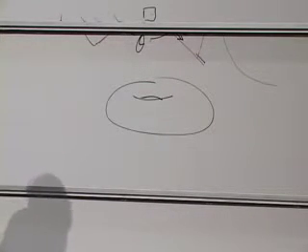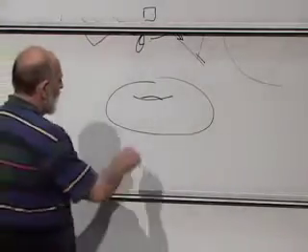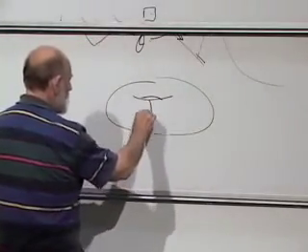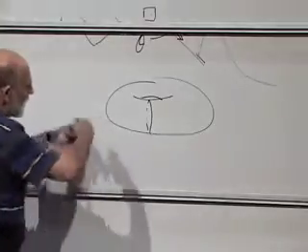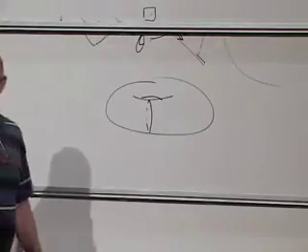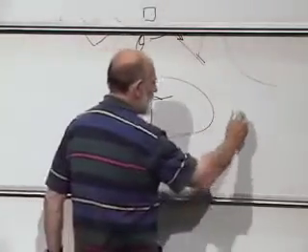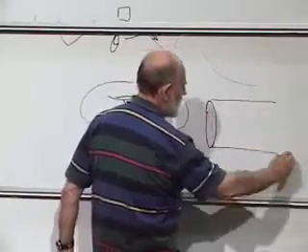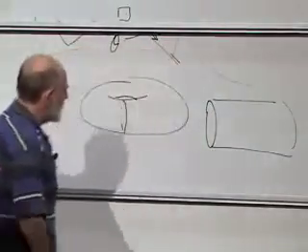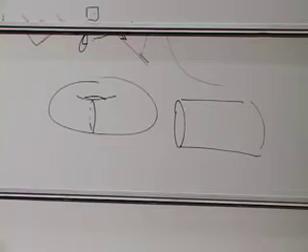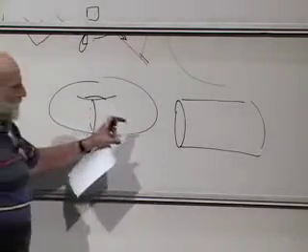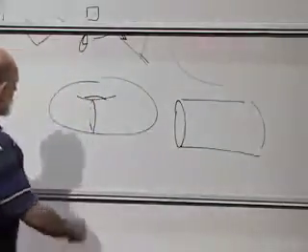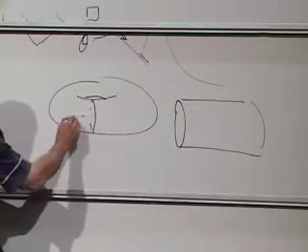Now cut it open over here and open it up. What does it become? It becomes a piece of a cylinder, just topologically. And now cut it along here.